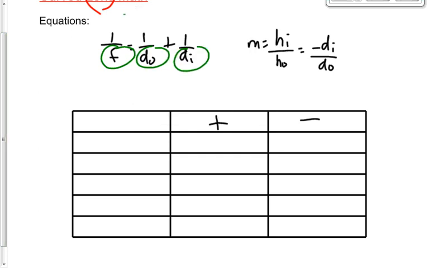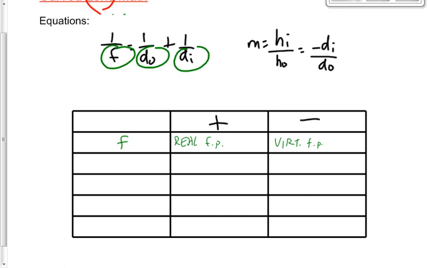When are we going to find that focal length is positive? Well, we'll find that the focal length is positive when it's a real focal point. It's negative when it's a virtual focal point. Now, for lenses, things are a little bit different than for mirrors when we're talking about the focal point. When did we have a real focal point with mirrors?